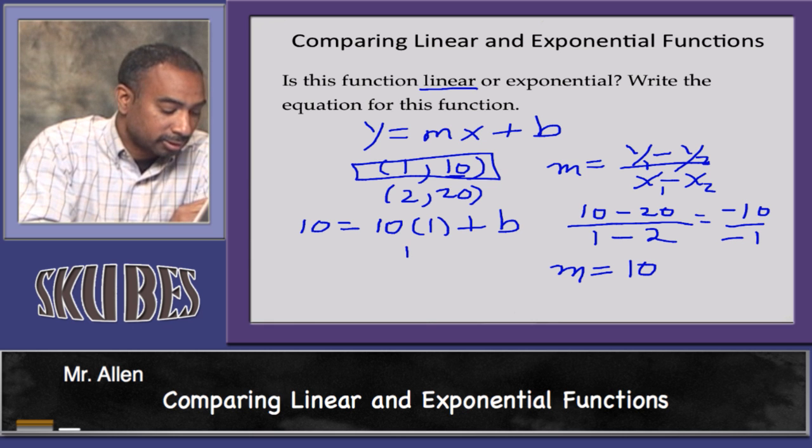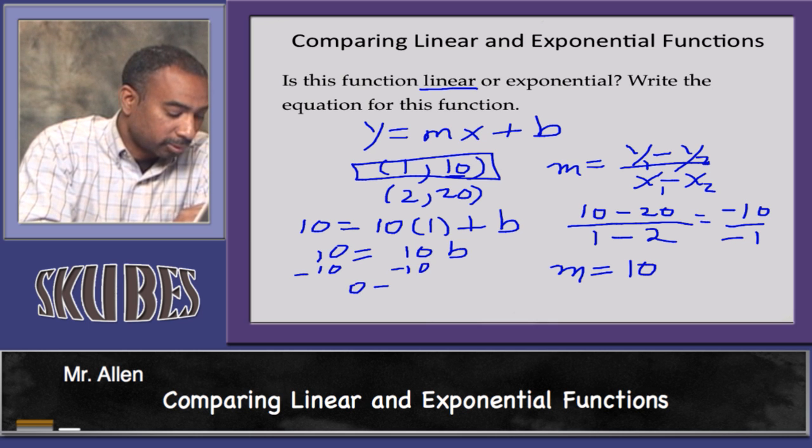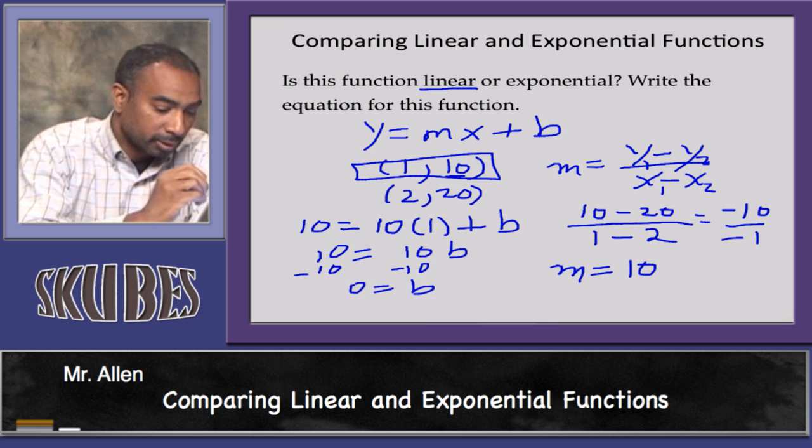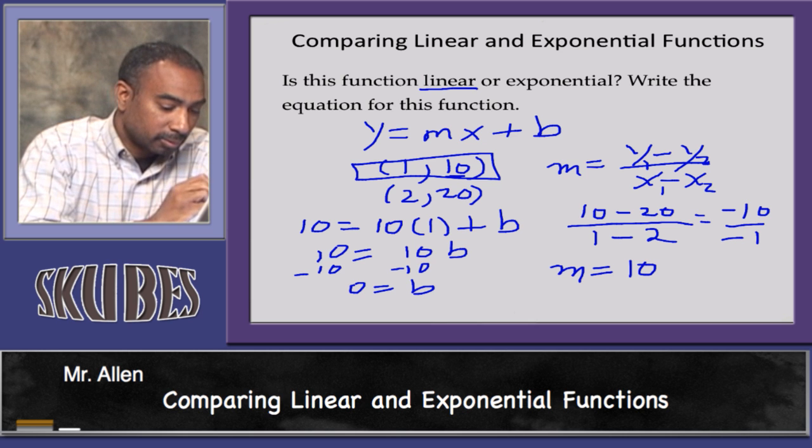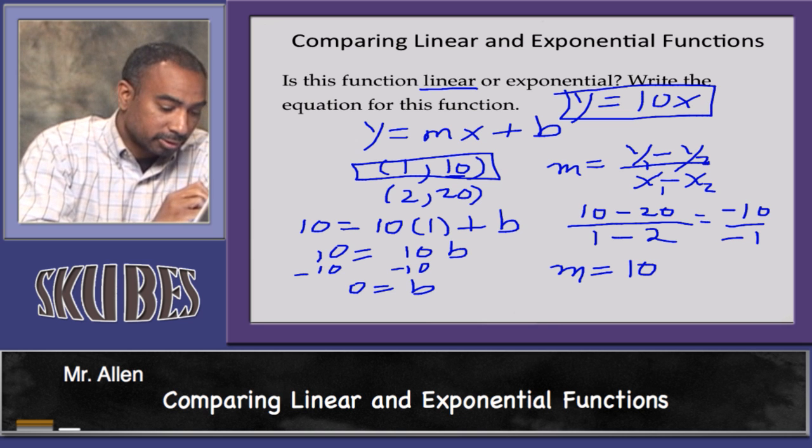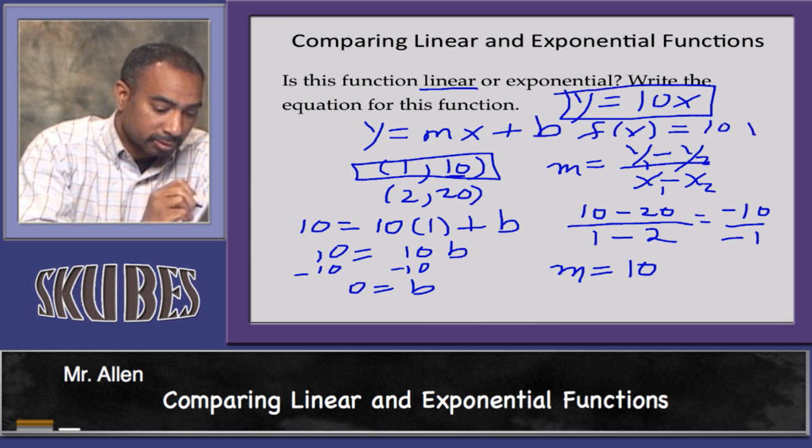So 1 times 10 is 10. And if I subtract 10 from itself, I get 0. So I know the y-intercept is 0. So my equation is going to be y equals 10x. Or in function notation, f of x equals 10x.